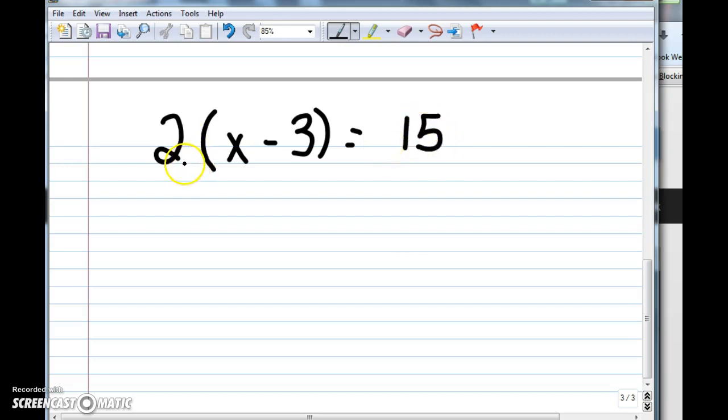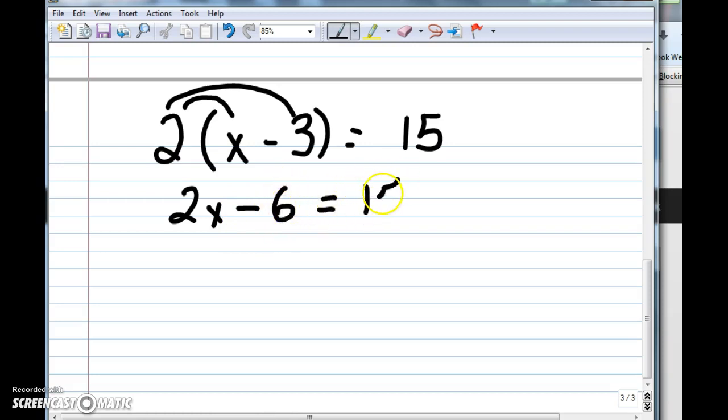Well, we want to expand this bracket first. It's one way to do it. There's a couple ways to solve this one, but one way would be to say, okay, 2 times x is 2x. 2 times negative 3, again, we got to watch the negative, is negative 6 equals 15.